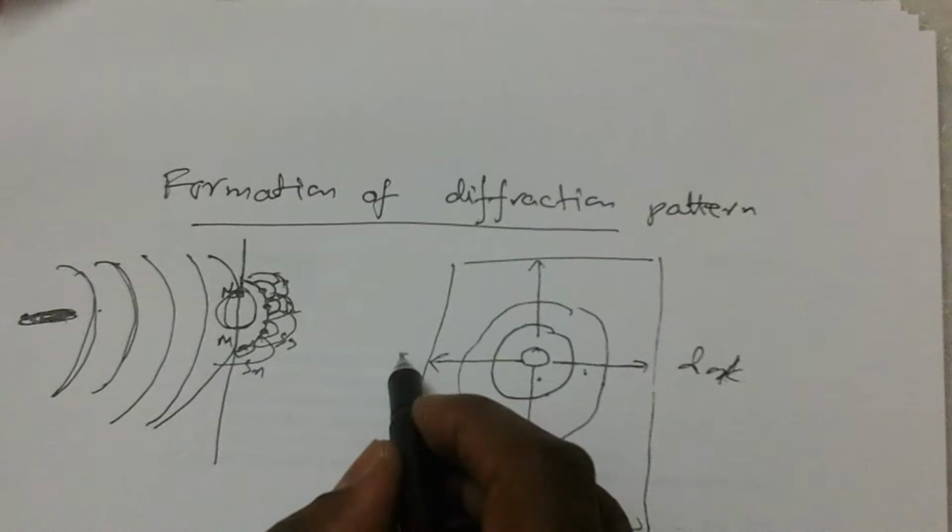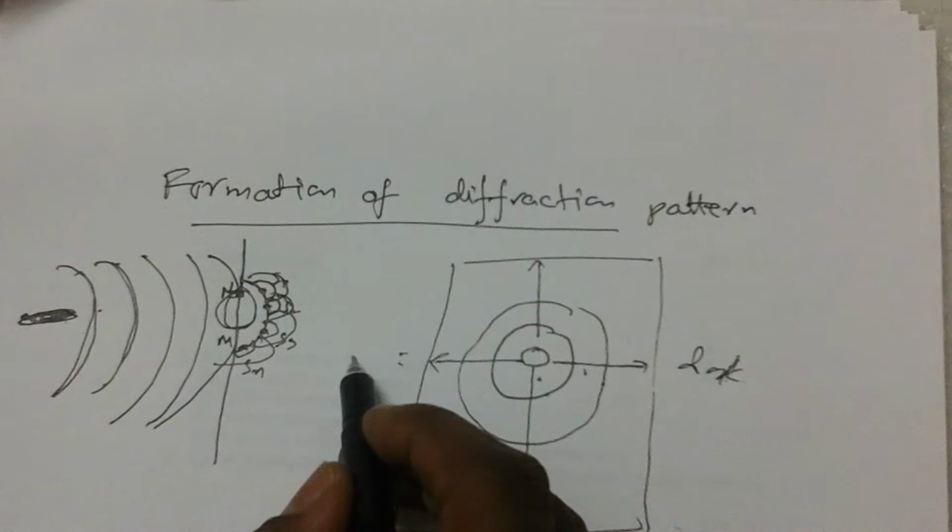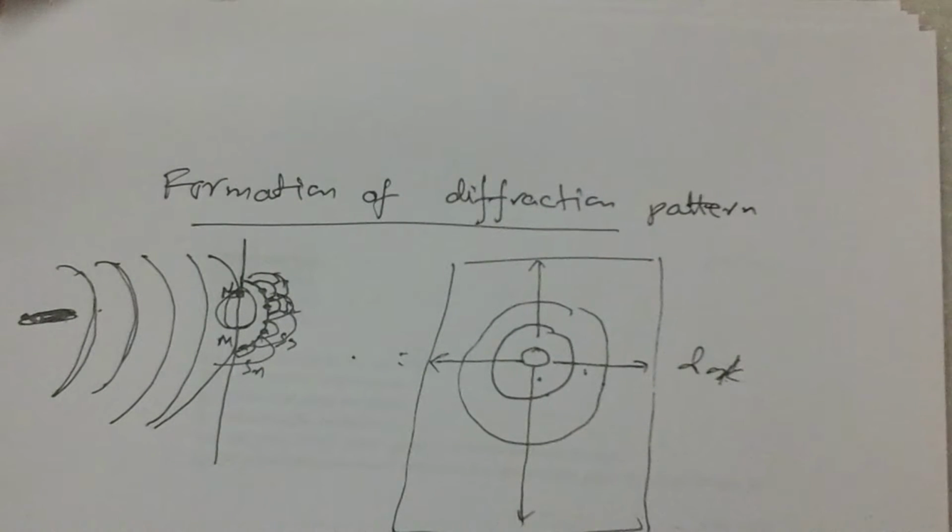Going down also, the bright fringe intensity decreases, finally becomes dark. Top also the same. This is the actual formation of diffraction and the diffraction pattern explanation.